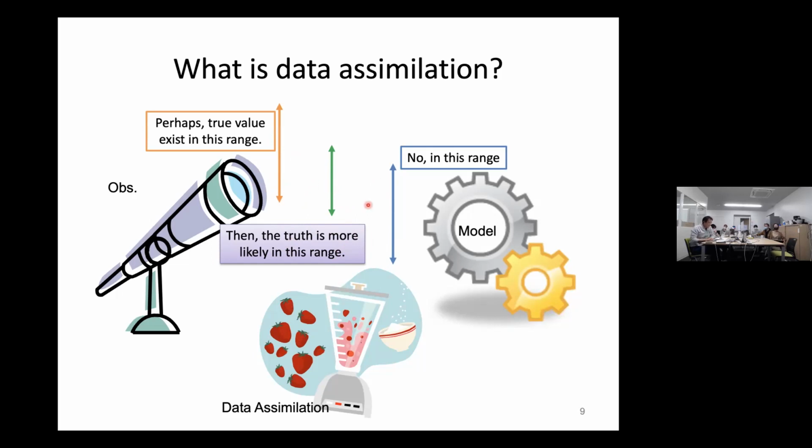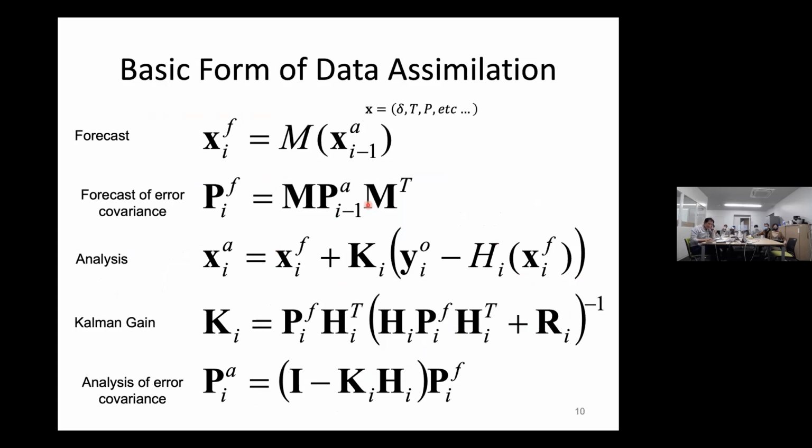Well, mathematically, it is going to be a little bit complicated. This is the basic form of data assimilation, in this case something called online data assimilation. So in this case, the model is M. The prognostic or initial condition of temperature, precipitation, whatever, with the isotopes are going to be included in X, the matrix.